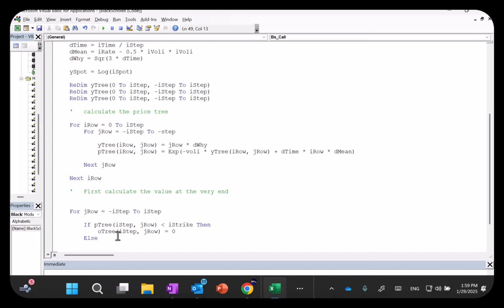Otherwise, O3 I step J row is equal to the difference between the price and the strike.